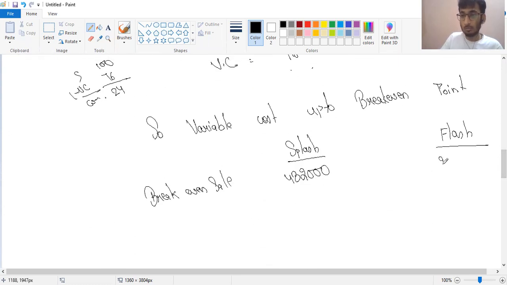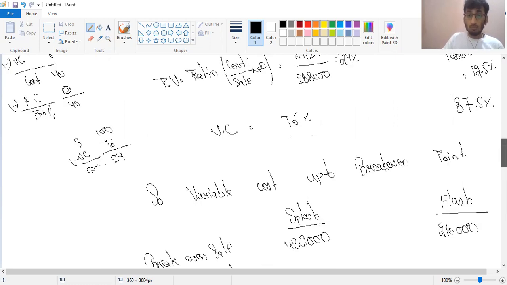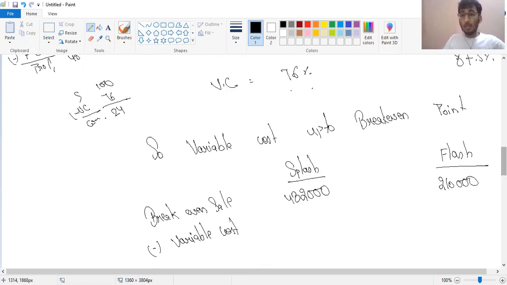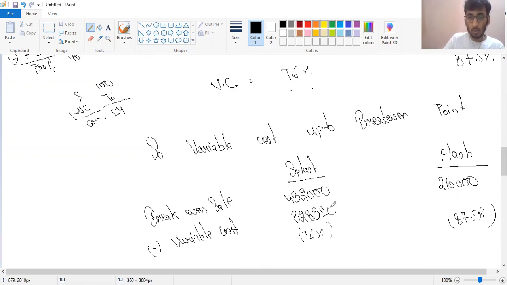Minus variable cost. It is 76% of this and 87.5% of this. Calculate 432 multiplied by 0.76. It would be 328.